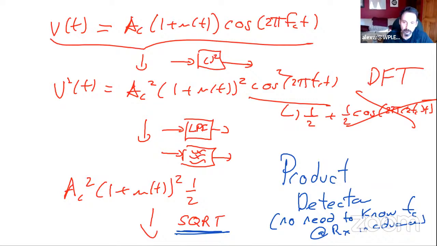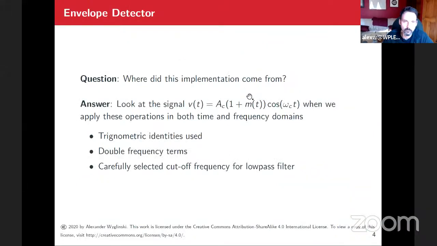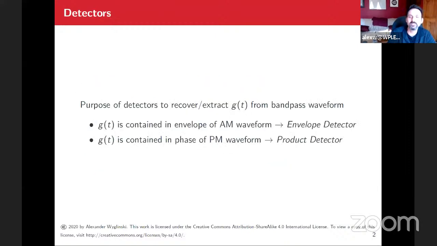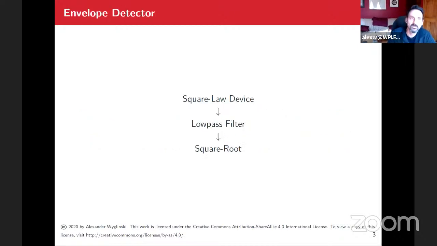Now the second. Let's look at that. Oh, sorry. This is the envelope detector, because we're trying to extract out the envelope. Product detector is the following.